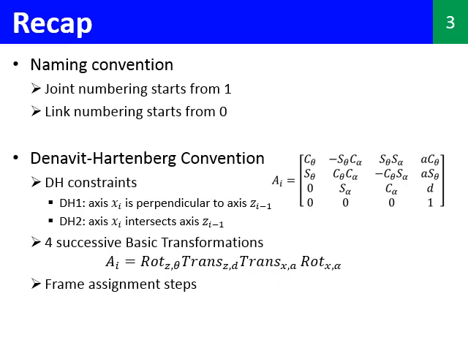So we rotate about z-axis theta angle followed by a translation on z-axis d amount, and next we have a translation on x-axis a amount, and finally a rotation about x-axis alpha amount. Finally, frame assignment steps were presented. So in this lecture, we will use these steps to assign frames to a given manipulator.